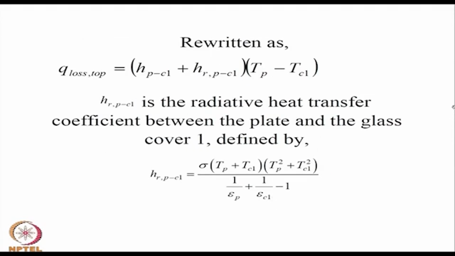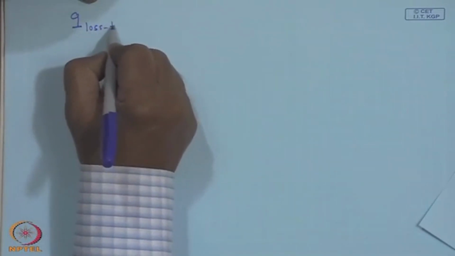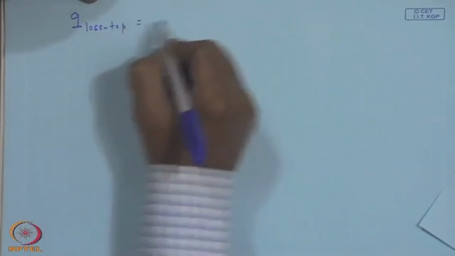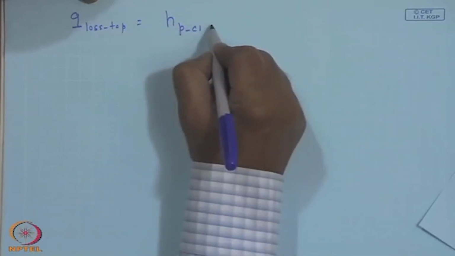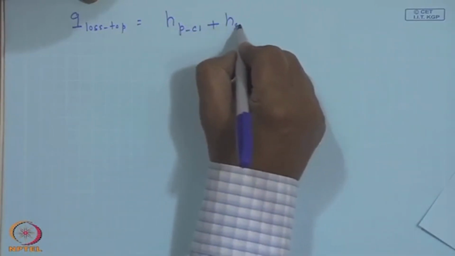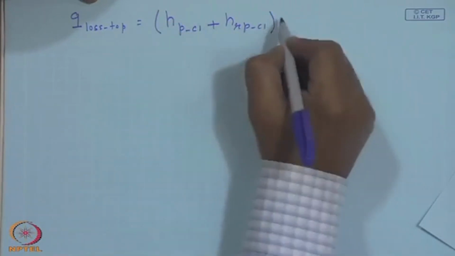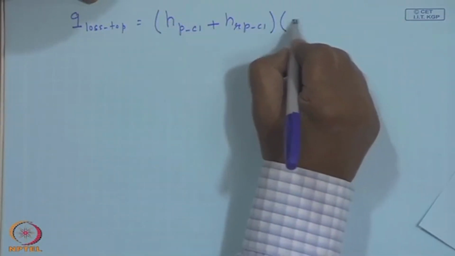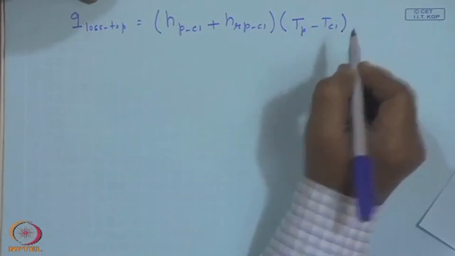So, this can be rewritten as Q loss top equals H p C 1 plus H r p C 1 into T p minus T c 1.